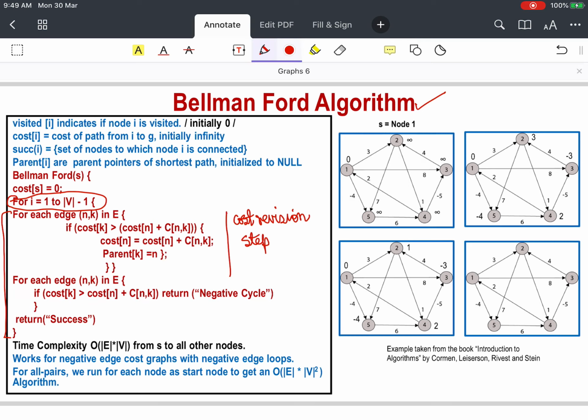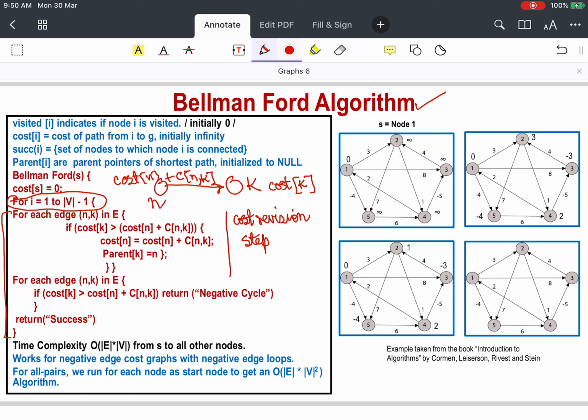What does it do? It checks, given a node and given an edge between these two nodes. Suppose this is the node K and this is the node N, and this is the edge cost Nk. It checks whether the cost of K is greater than the cost of N plus this edge cost.